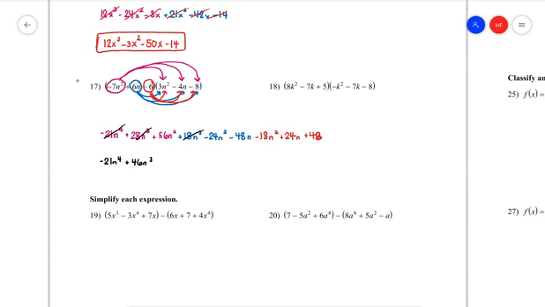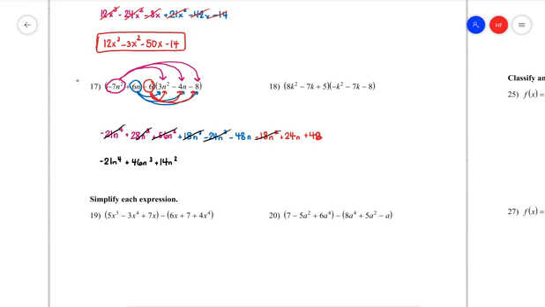Next we would have our squares. We have 3 different terms that have squares in them. So we have 56 minus 24 minus 18. So make sure that we're using all 3 of them. And that leaves me with 14. So positive 14n squared.